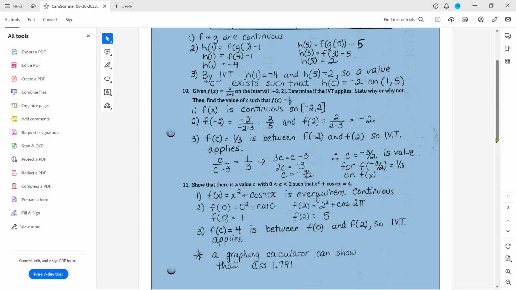Determine if the IVT applies. State why or why not. Then find the value of c such that f of c is a third.